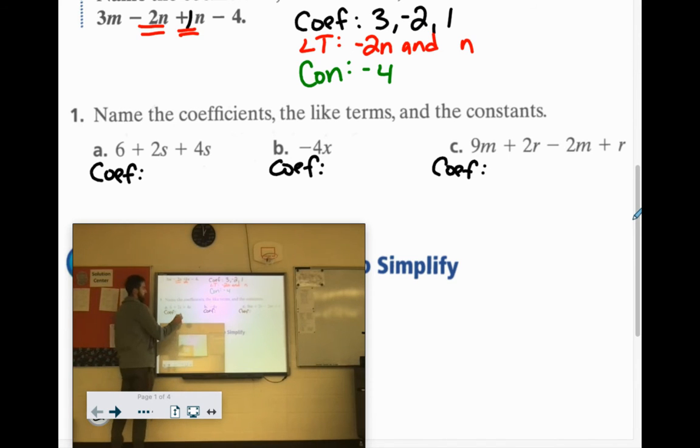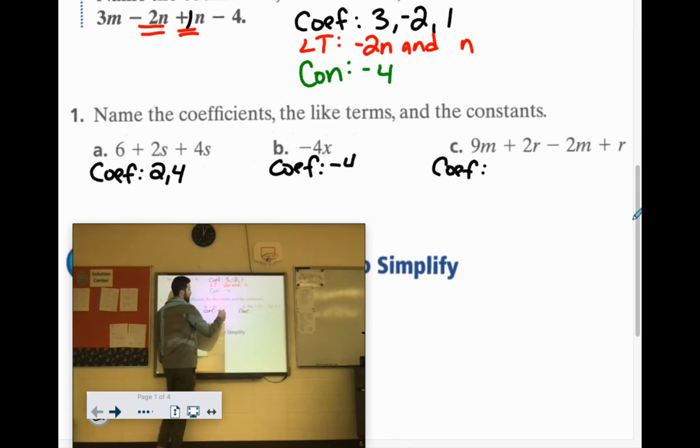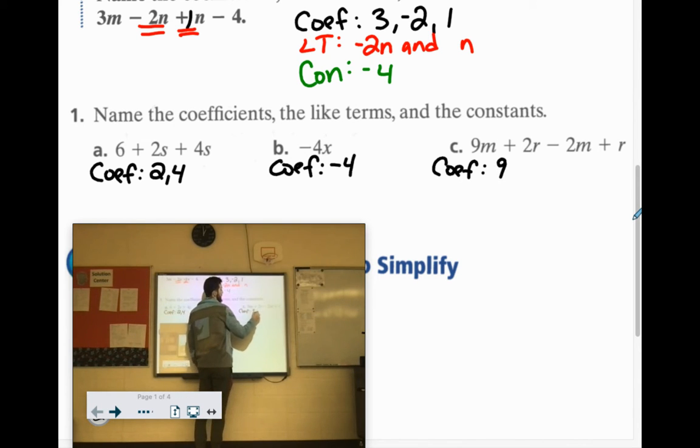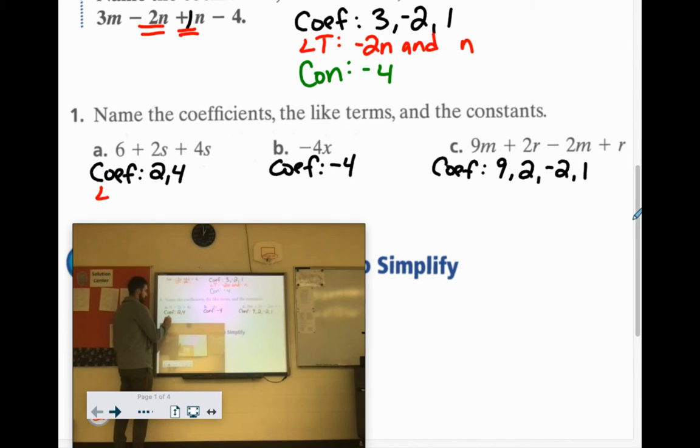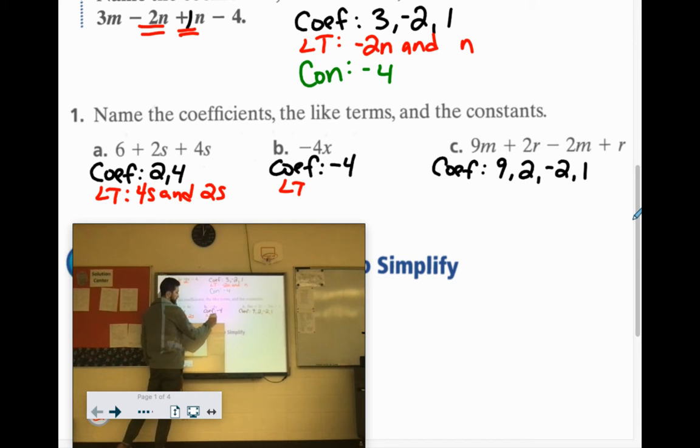All right, so here we have 2 and 4. Here we would just have negative 4. Here we have 9, 2, negative 2, and 1. That's next. Like terms. In this case would be the 4s and 2s. Here, there are none.